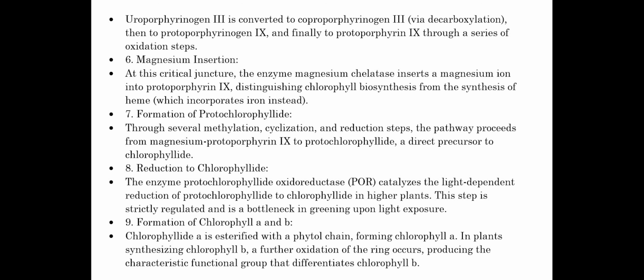We have another step going on here, which I'm not going to explain, and then you have insertion of the magnesium. This is the critical juncture: the enzyme magnesium chelatase inserts a magnesium ion into the porphyrin, distinguishing chlorophyll biosynthesis from the synthesis of heme, which incorporates iron instead.